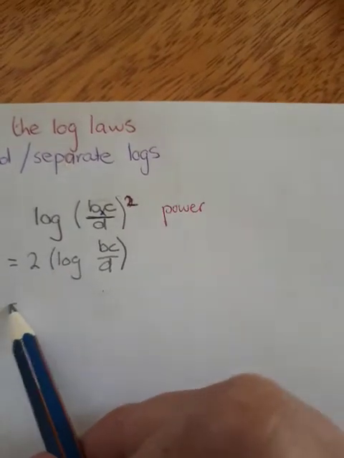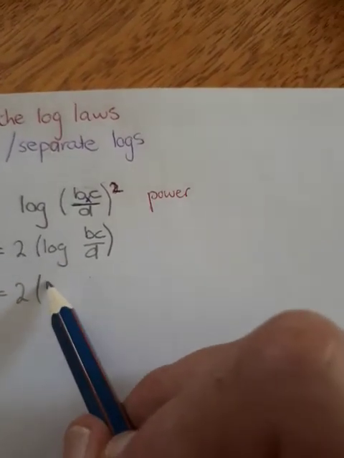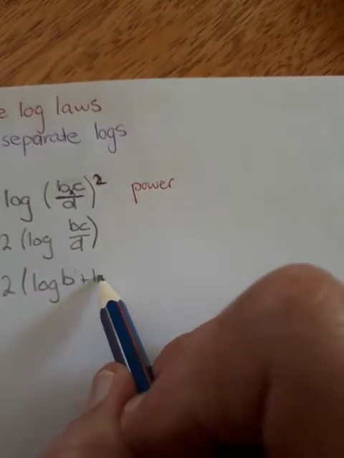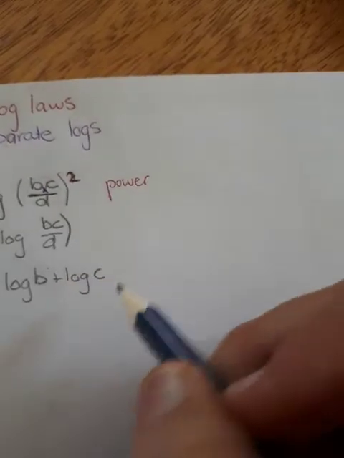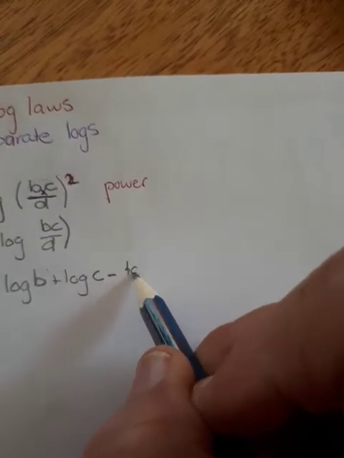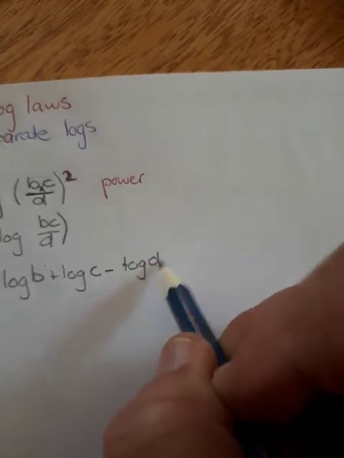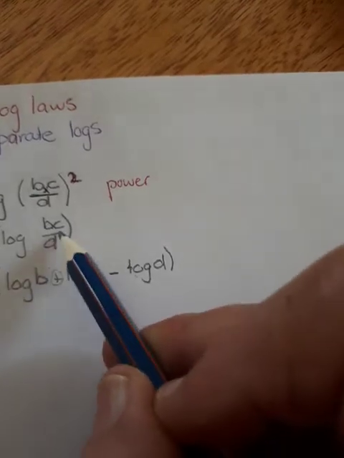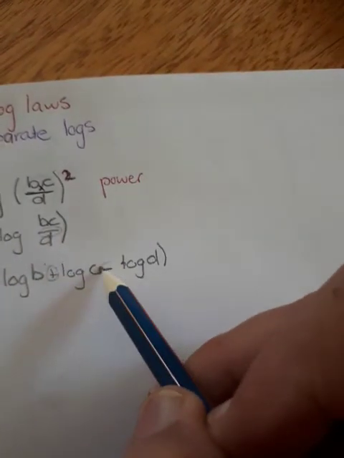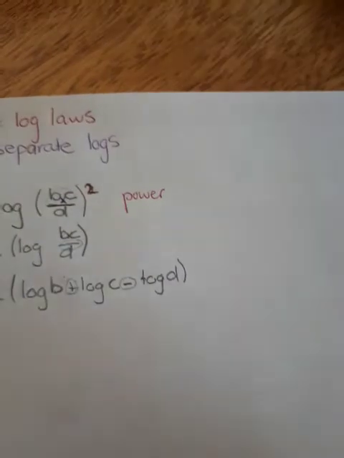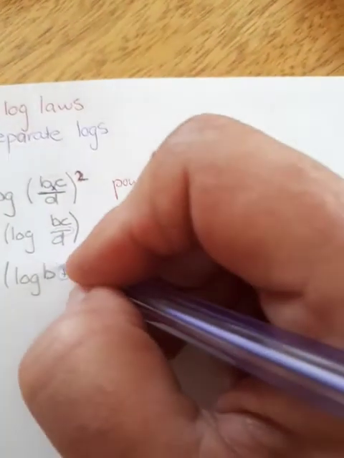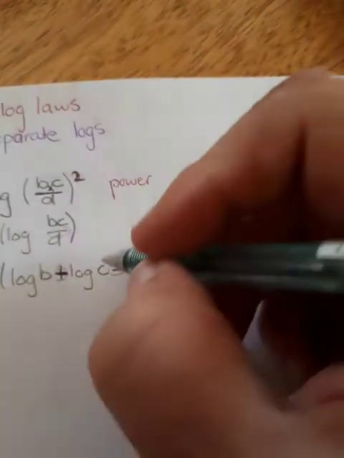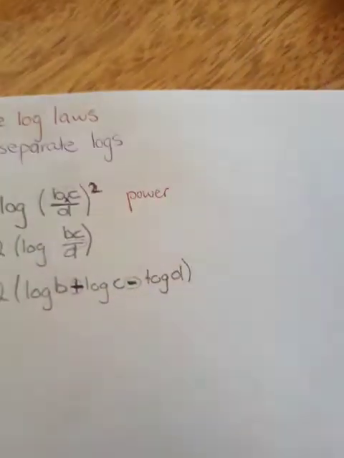Now inside the bracket we can have the log of B plus the log of C minus the log of D. So that's applying the product law, which becomes the sum, and the quotient law, which becomes the difference. Importantly, the product law becomes the sum, and the quotient law becomes the difference.